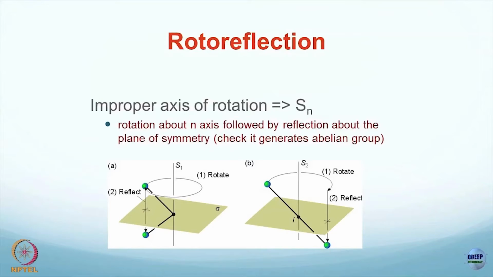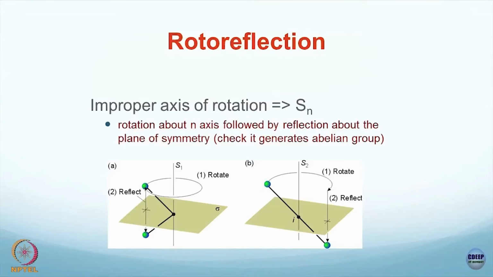Just to say a few lines about rotor reflection. Rotor reflection, the symbol is S subscript n. What it means is that you rotate about an n-fold axis, that means you do a 2 pi by n rotation, followed by a reflection about the plane of symmetry.